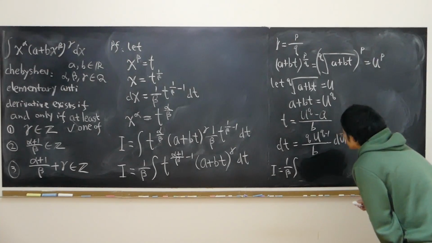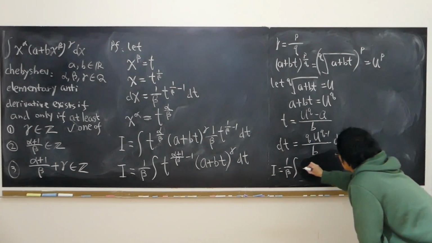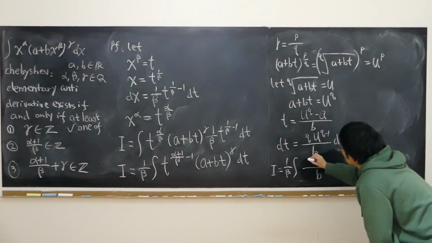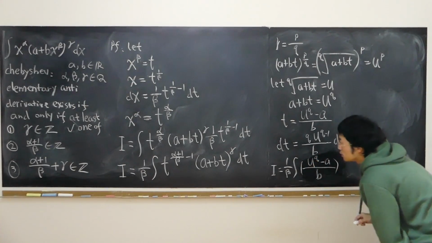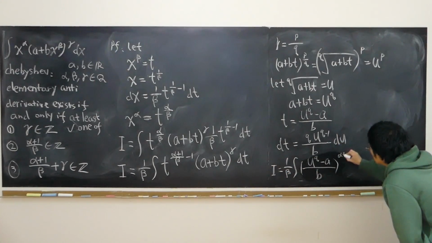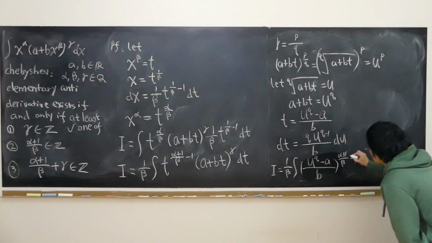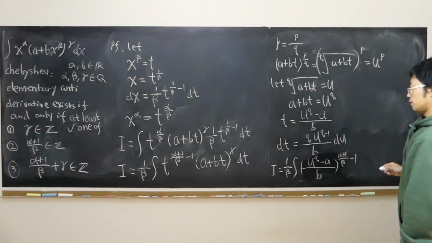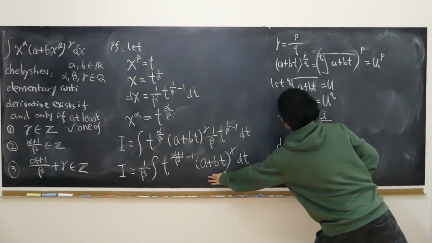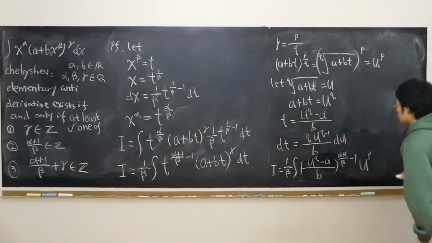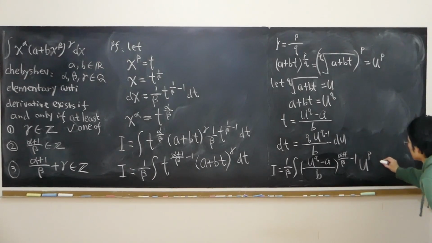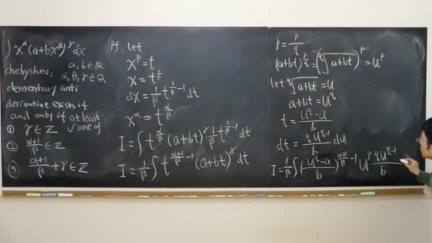So t is equal to this, b u to the q minus a, to the power of alpha plus 1 over beta minus 1, times this term. This term, like I said, is u to the p. u to the p dt. dt is this: b q u to the q minus 1 du.